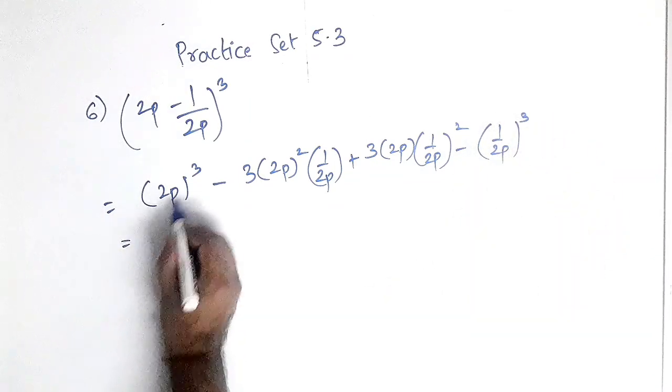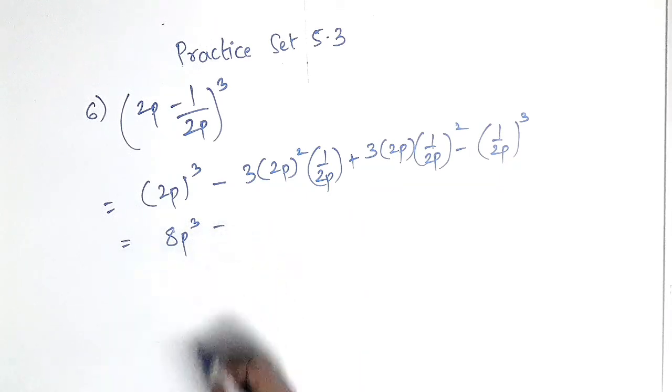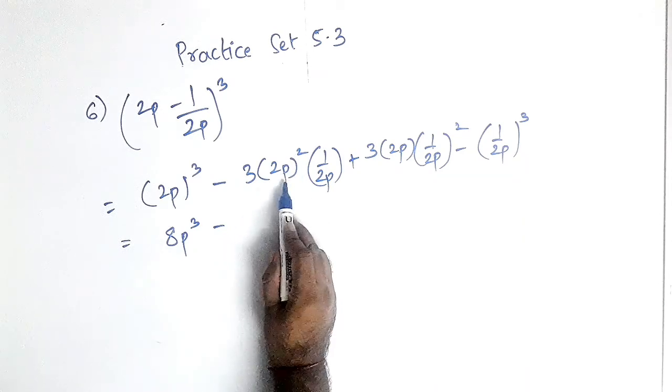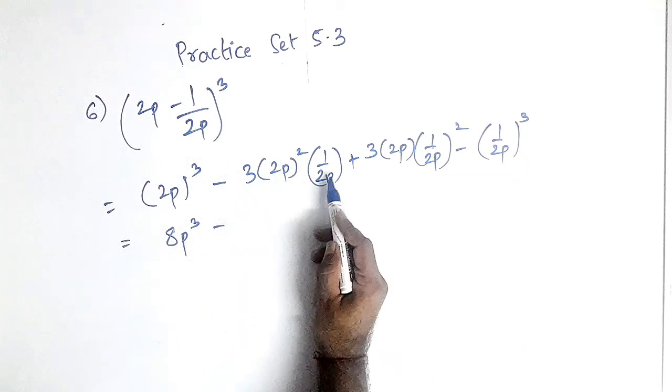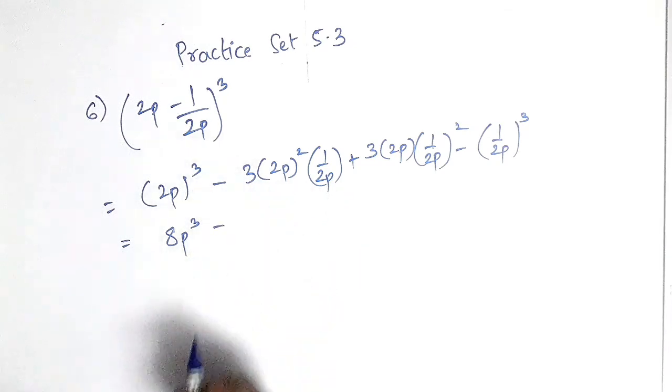Okay, so this becomes 2 cube becomes 8, p cube minus, you can see here 2p square means 2p 2 times, and here 2p is 1 time, so 1 2p and 1 2p will get cancelled. What remains is 1 2p.